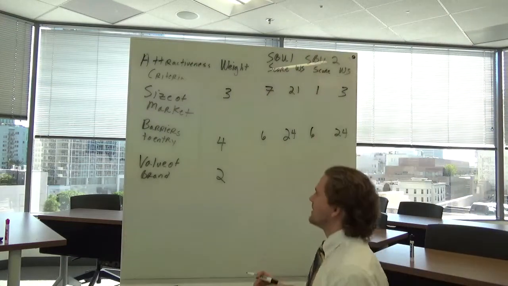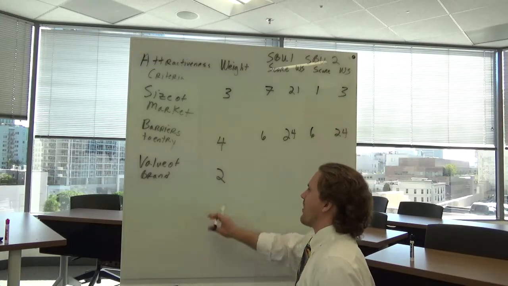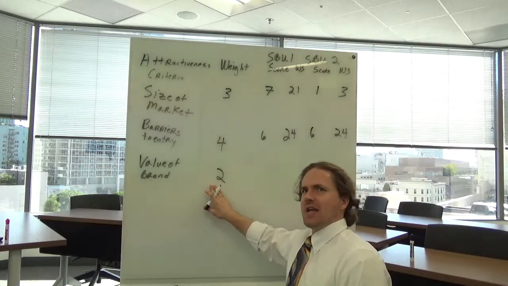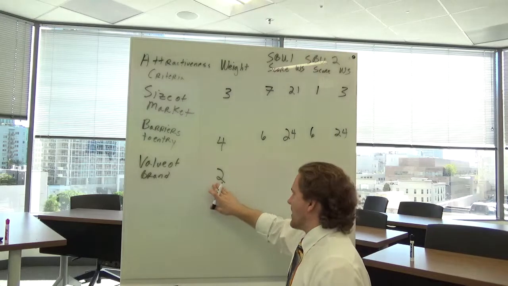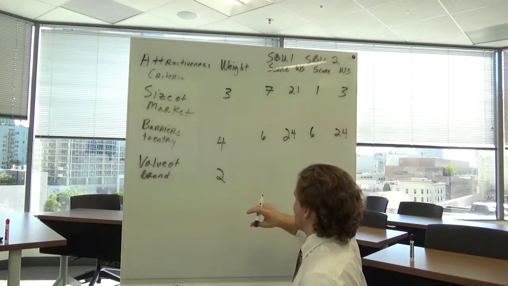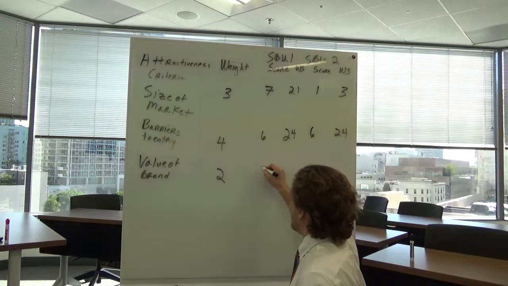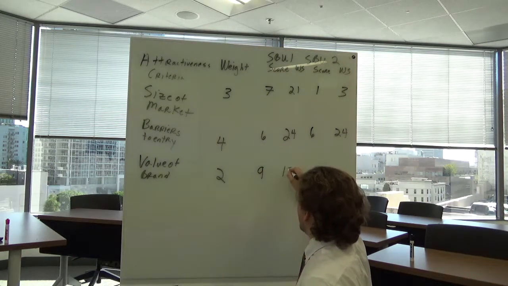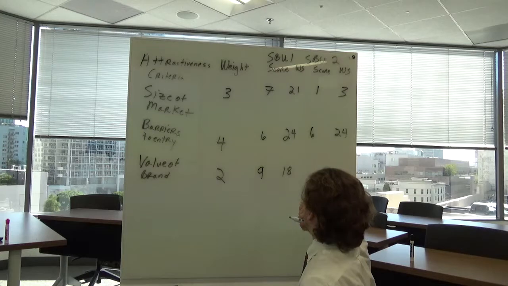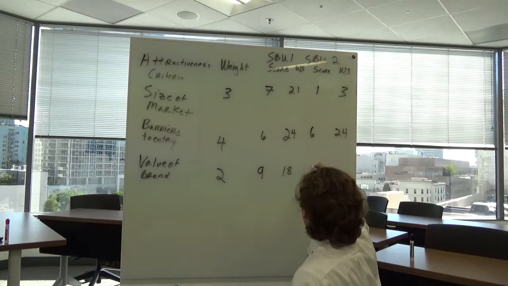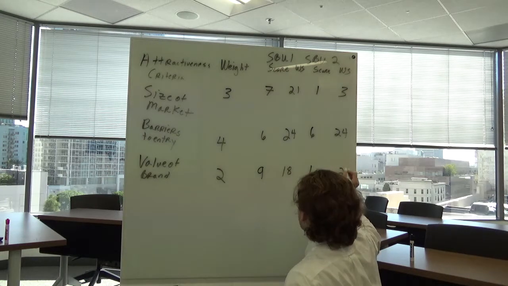Oh, well, maybe the value of the brand of 3M itself is pretty low, but for the stickies, we really like 3M stickies. So we might give that like, I don't know, a 9, and so therefore you'd have 18. And for chemicals, they probably don't think about it at all, so then you're going to have a 2.